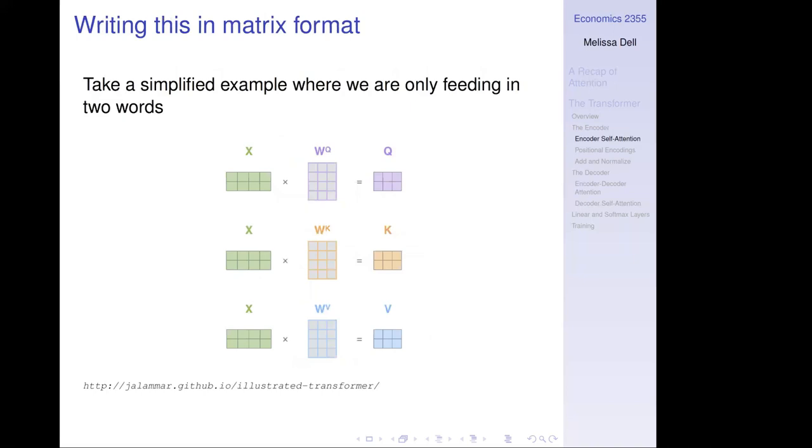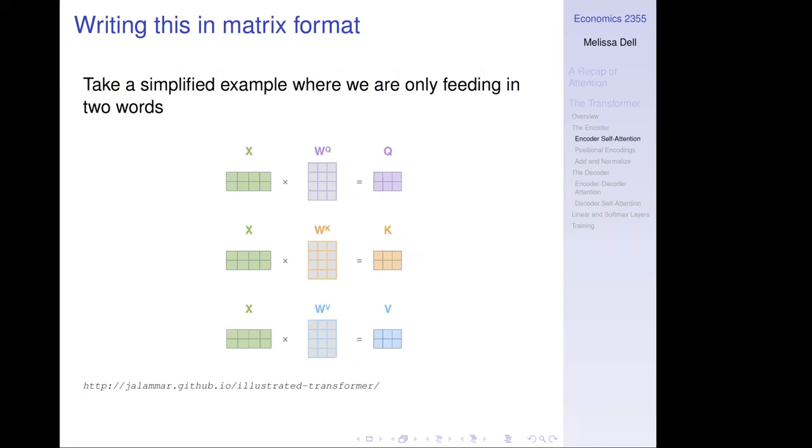And so to write this in matrix format, again, remember this is going to be done in parallel for the entire sequence we pass in. We no longer have this sequential structure from an RNN. So again, suppose we have this simple 2-word example that we're passing in, thinking machines, and we've represented those 512 vectors as these 4-dimensional vectors.